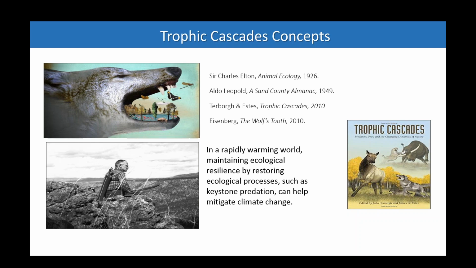From that point on, Aldo Leopold started writing about the role of wolves and other large carnivores in improving ecological function. He wrote journal articles about this in the 30s and 40s, and he did a wildlife survey for the federal government as an independent consultant in the late 1920s to early 1930s.